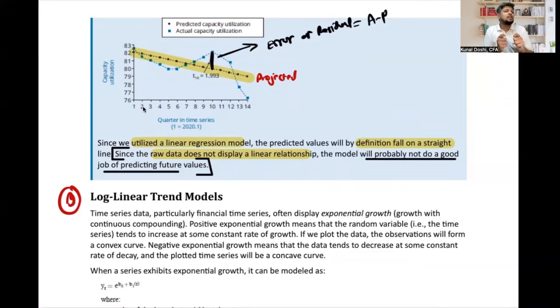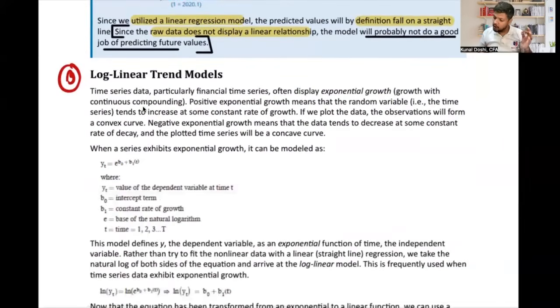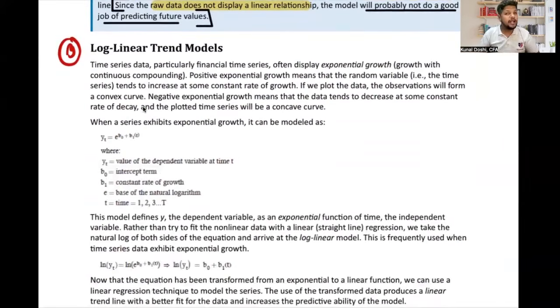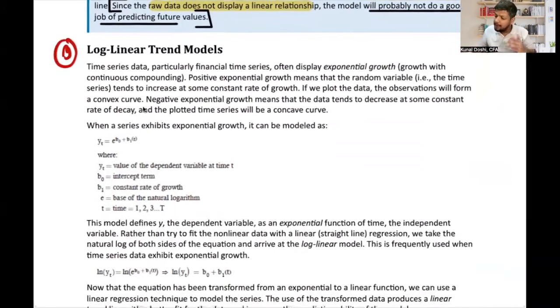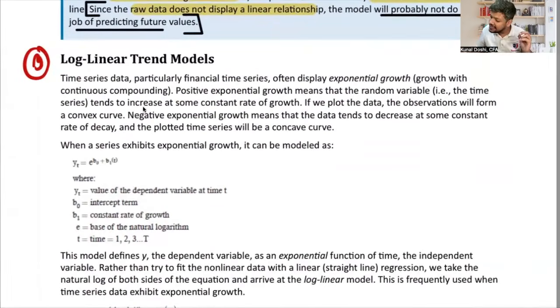So the model is not useful for predicting the future. It's not going to give me an accurate outcome. Now we will use the alternate option here, which is called the log-lin model. When do I use this log-lin model? Again, it's a time series model, but the very unique thing is that it displays exponential growth.